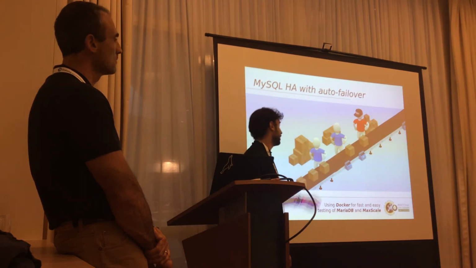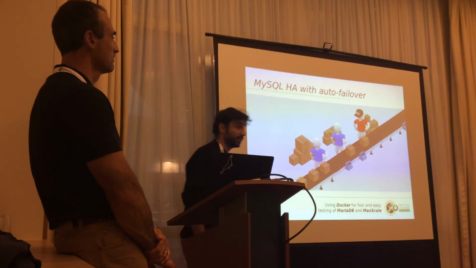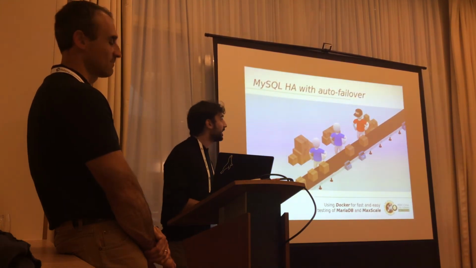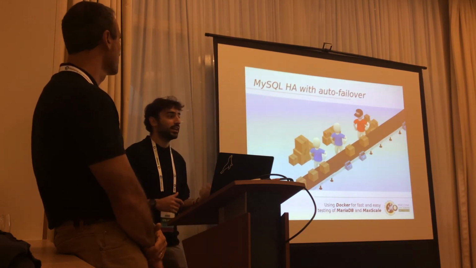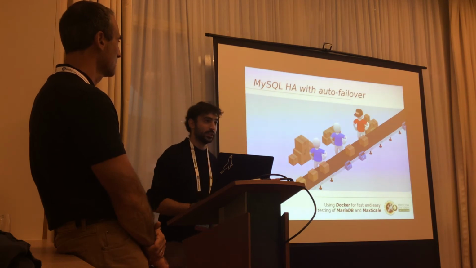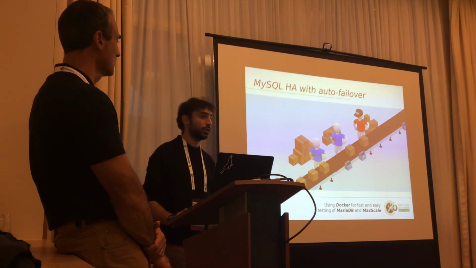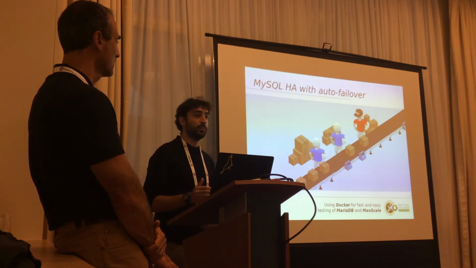These two with the blue t-shirt are the slaves. The one with the cap is the master. And the idea is that when the master goes down, we would like to let MaxScale elect a new master. That's something that maybe in production we will never use, but this is just to give you an idea of the direction that MaxScale development is taking.